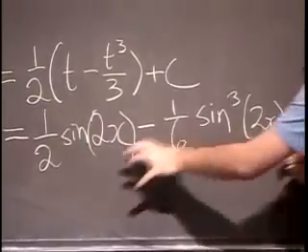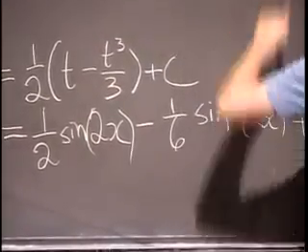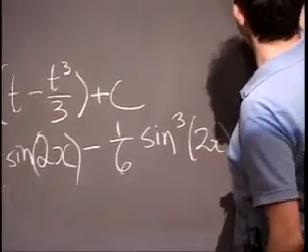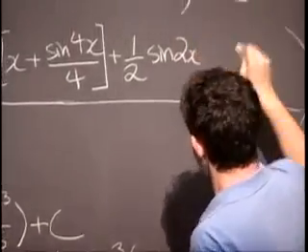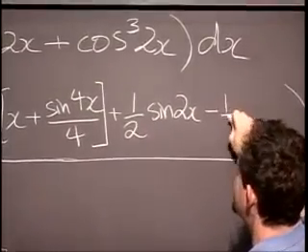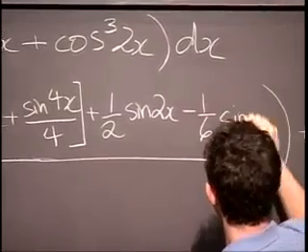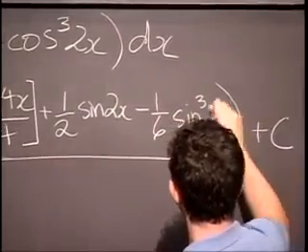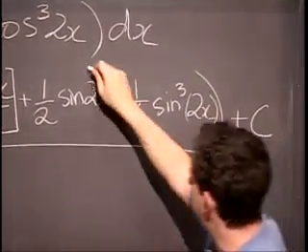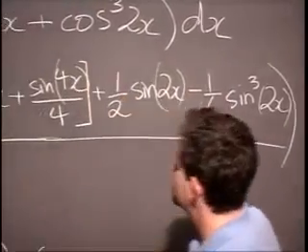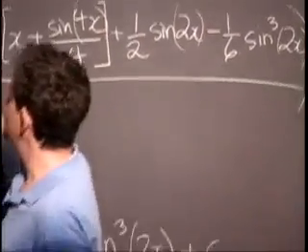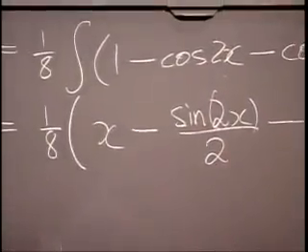Now I've filled this in up here. 1/2 sine 2x minus 1/6 sine cubed 2x. I don't know whether to put the parentheses around. Maybe I should.